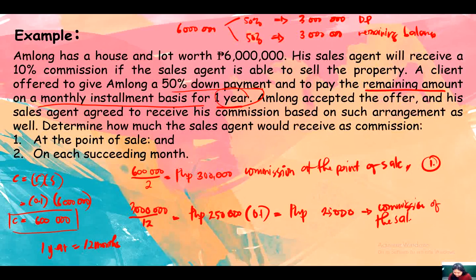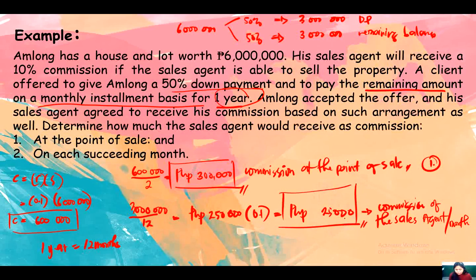Commission of the sales agent per month. Okay. So again, at point of sales, the sales agent will receive 300,000. And each month, for 1 year, the sales agent will receive 25,000 pesos.